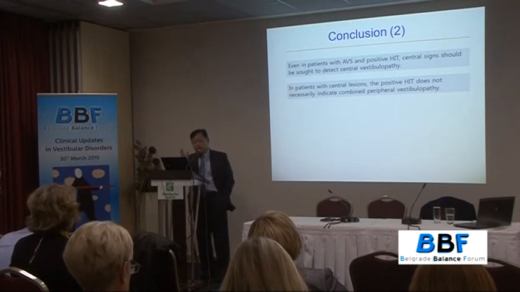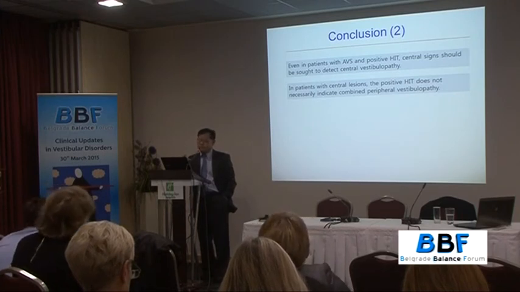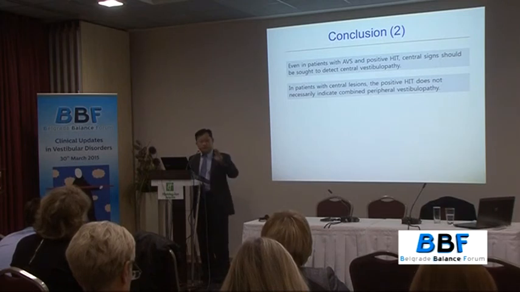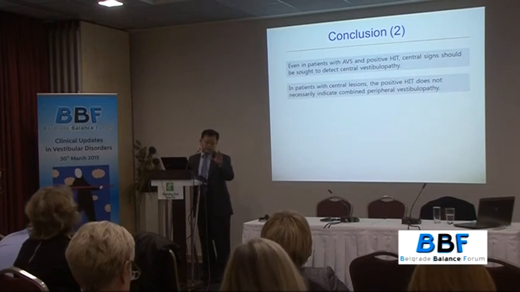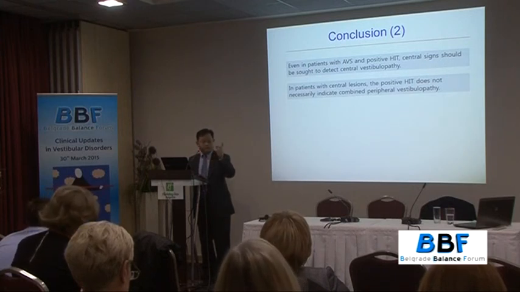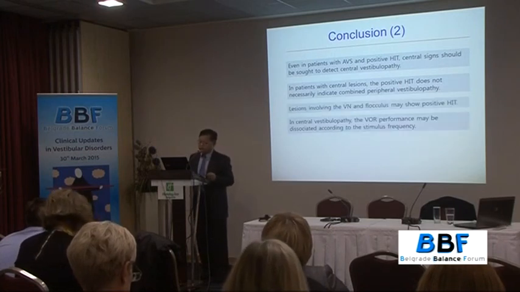So even in patients with acute vestibular syndrome and positive head impulse test, I'm emphasizing again, you should look for the central signs thoroughly, not to miss AICA infarctions. And in patients with central lesions, the positive head impulse test doesn't necessarily indicate combined peripheral damage, because a vestibular nucleus or a floccular lesion can cause impaired head impulse test.